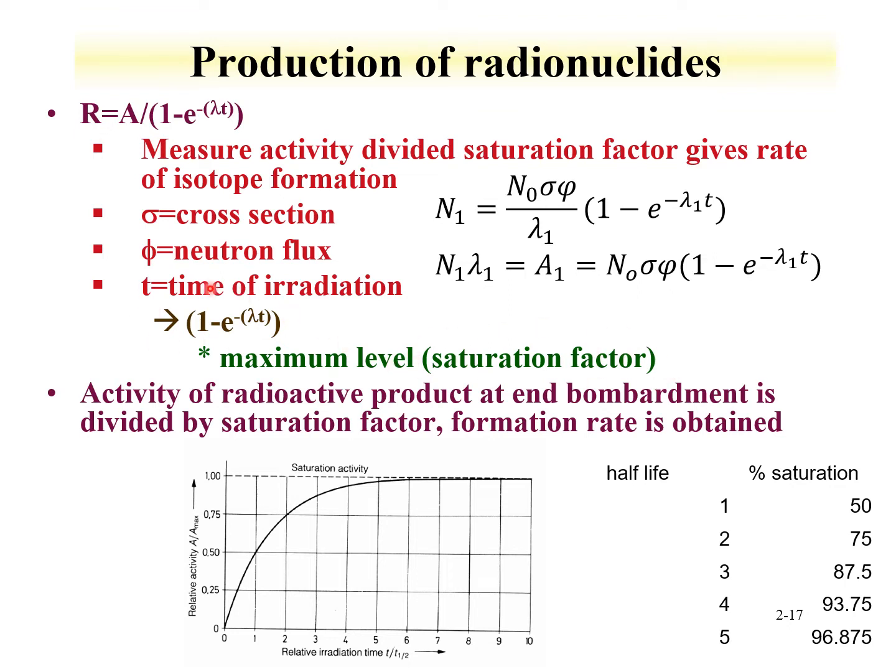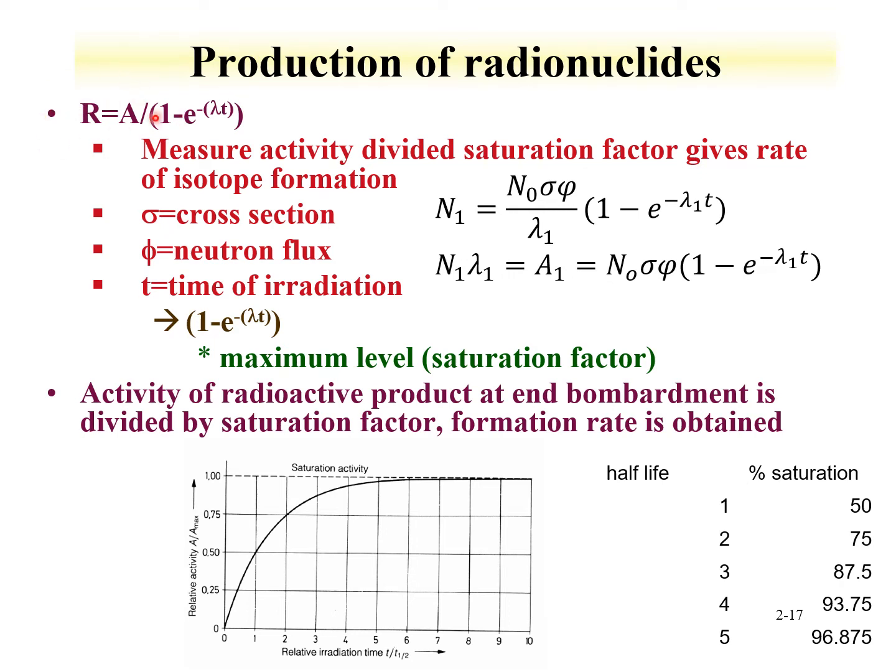In the previous slide, we discussed rates of formation. Another way of evaluating these rates of formation is shown here using this equation, where if the activity of an isotope is measured after the reactions to produce that isotope, and that activity is divided by this saturation factor, 1 minus e to the minus lambda t, that'll provide the rate of formation.